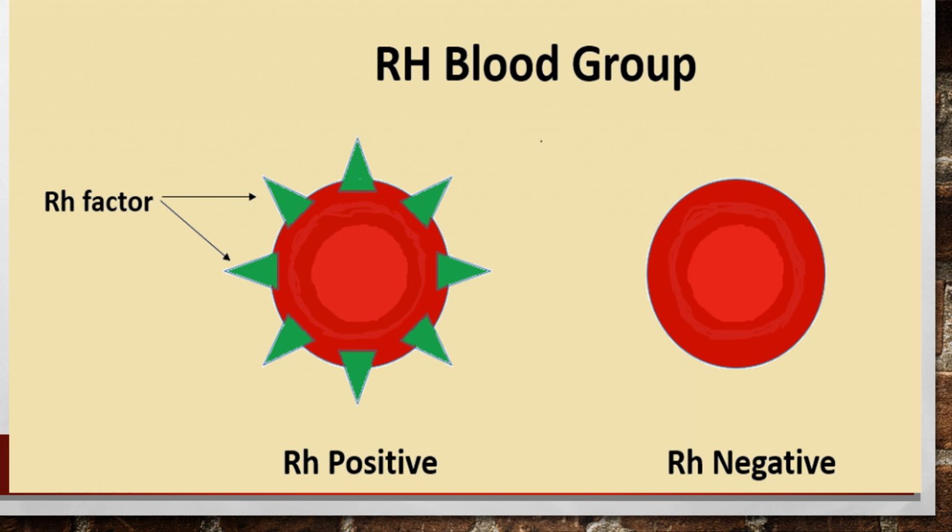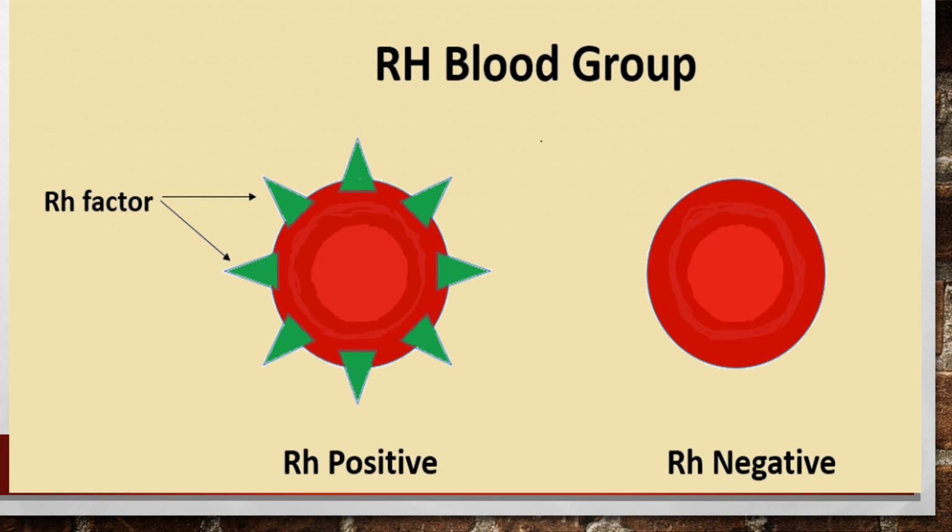When RH positive blood is transfused into an RH negative person, the recipient forms antibodies against the RH positive factor. However, no complication occurs after the first transfusion, as RH antibodies are short-lived. In case of a second transfusion, the recipient's antibodies will attack the transfused blood and cause a problem.